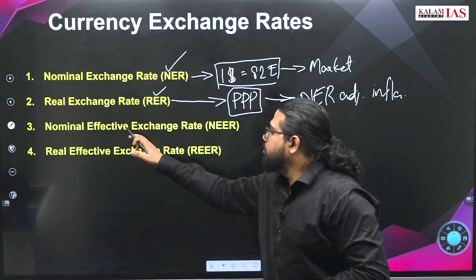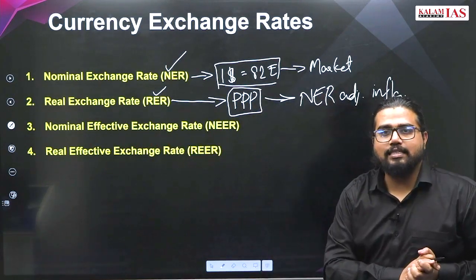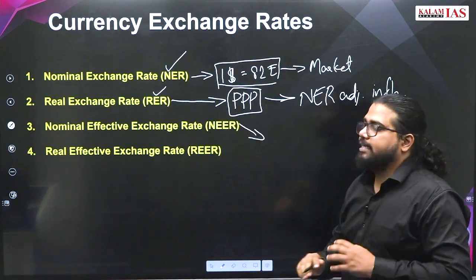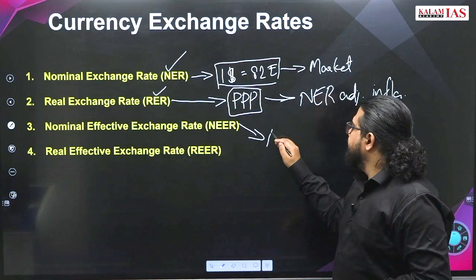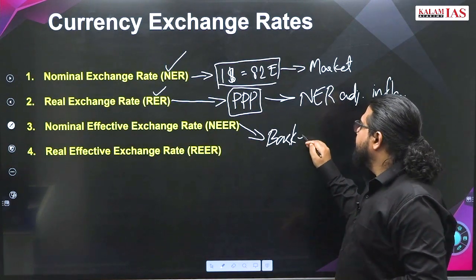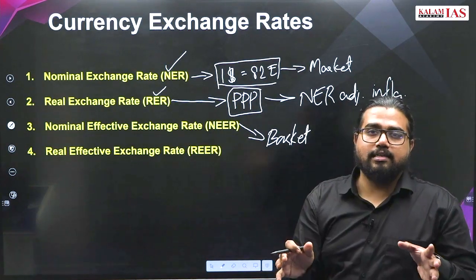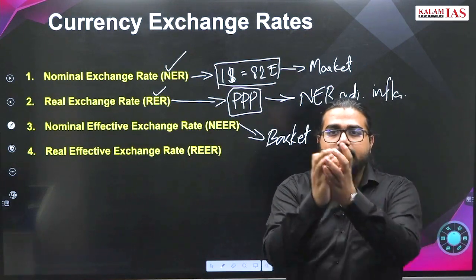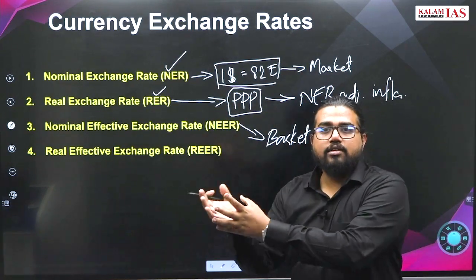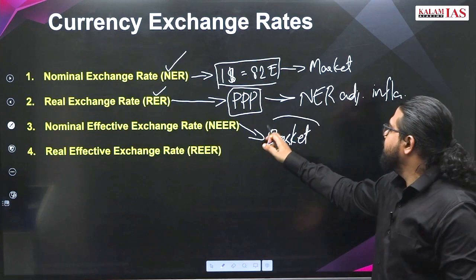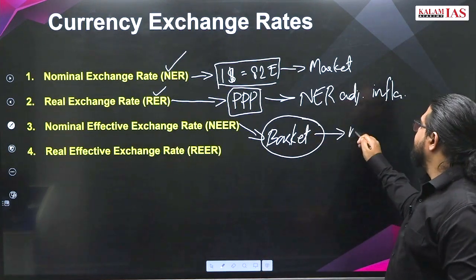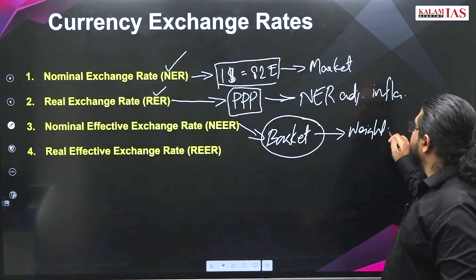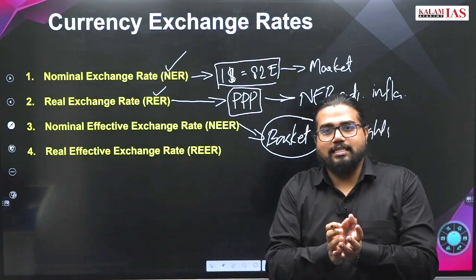Now, let's move ahead. What is nominal effective exchange rate? See, if you are counting the exchange rate, India is trading not just with the US dollar. India is trading with so many other currencies, that includes US dollar, pound sterling, yuan. All these currencies are coming into India's trade basket. So you assign weights depending on the trade importance of each currency.